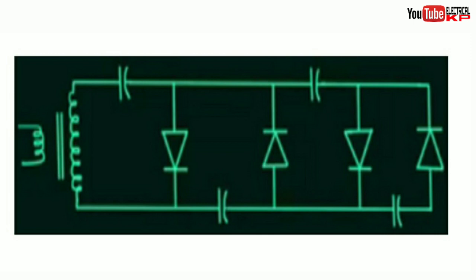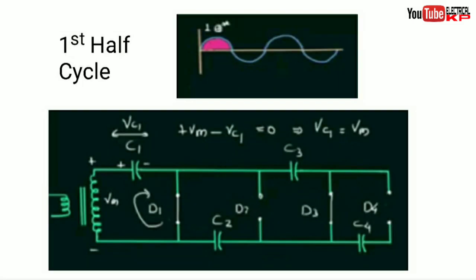In the operation of the voltage multiplier circuit, we first consider the first half cycle, that is the positive half cycle. During the positive half cycle, diode D1 is forward biased. As diode D1 is forward biased, it is in conduction, so capacitor C1 will be charged, and the voltage across capacitor C1 will be the same as the supply voltage.